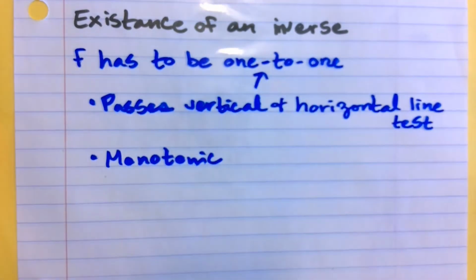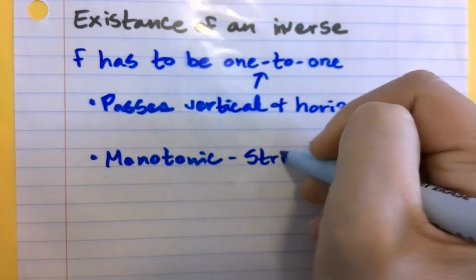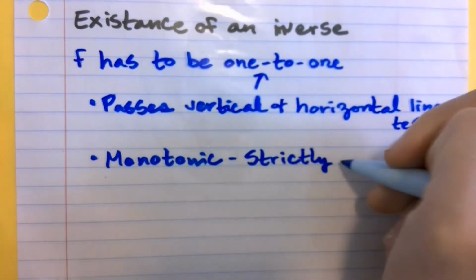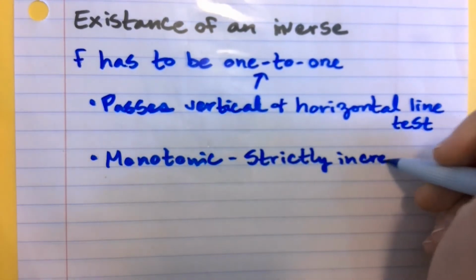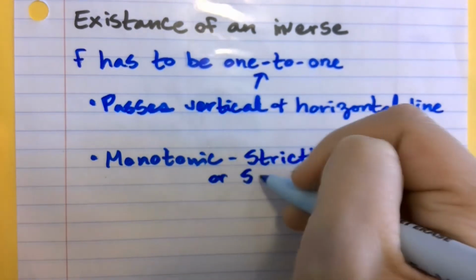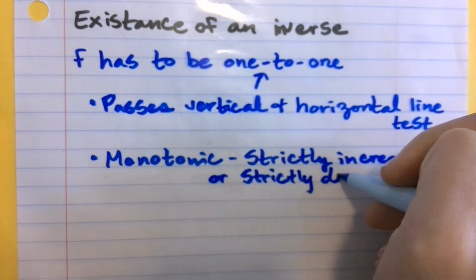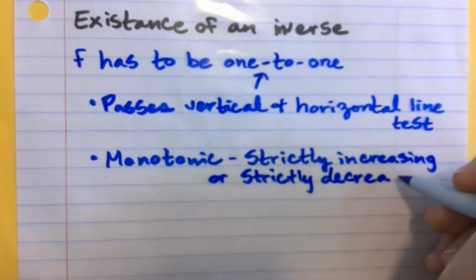So there's your fancy word for today, monotonic, and that just means that it is strictly increasing or strictly decreasing. Which makes some sense.